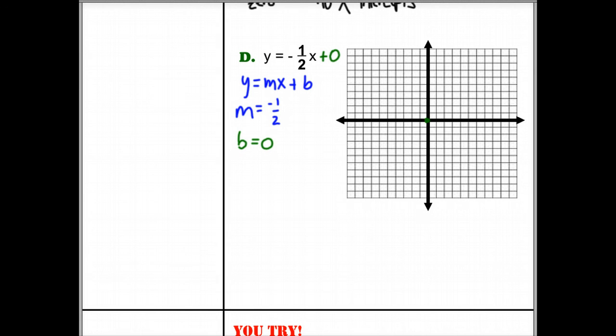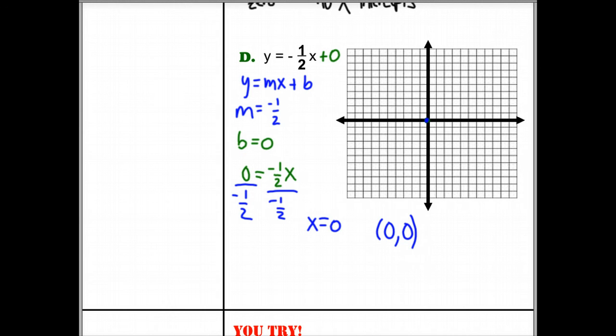So now if we plug in 0 for y, we have 0 equals -1/2 x. So we're going to divide by -1/2, divide by -1/2. And what we have is x equals 0. Well, that's the same thing because it's the origin where both of our numbers are 0 and 0. So we can't graph a line like that.